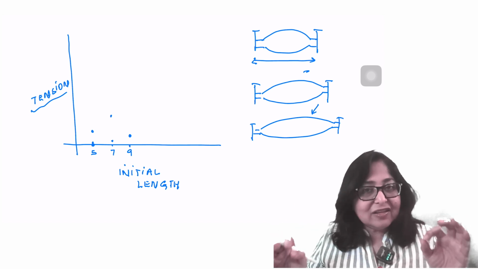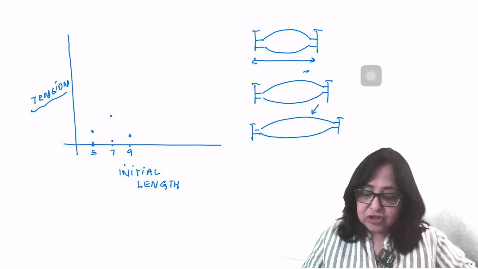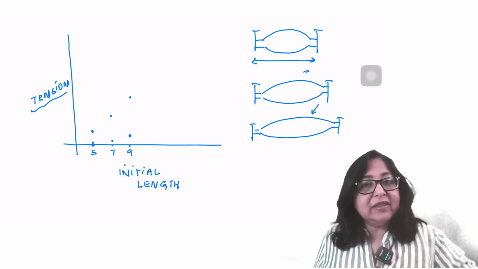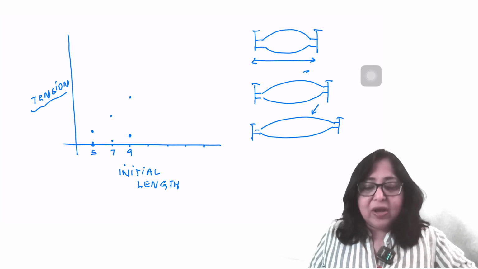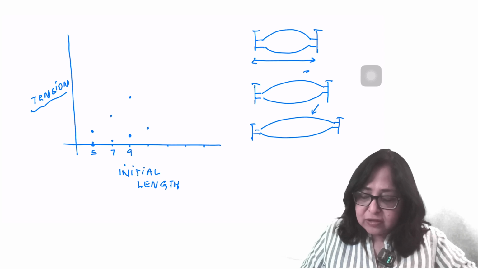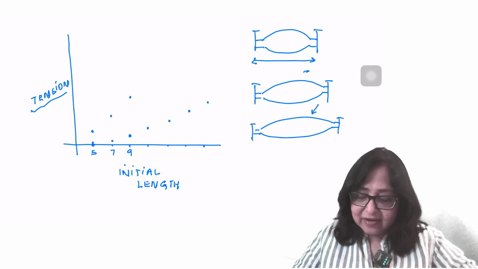The muscle will contract isometrically at length 9 centimeters. That is known as total tension. So we keep on increasing the initial length of the muscle and recording the passive tension, and making the muscle contract isometrically at that length and recording the total tension.